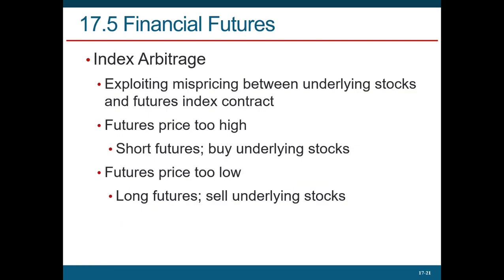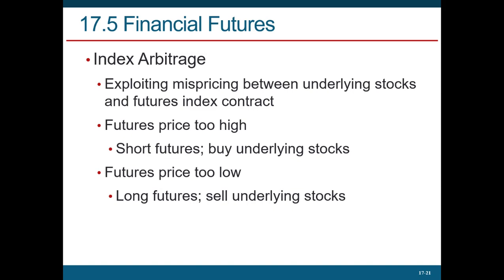And for stock index futures contracts, another interesting trading strategy is index arbitrage. The market is not a perfect place, and sometimes you find that the price in the futures contract may be different from the price of underlying assets on the market. In that case, if you discover any discrepancy, that is an exciting opportunity for you to take arbitrage profit.